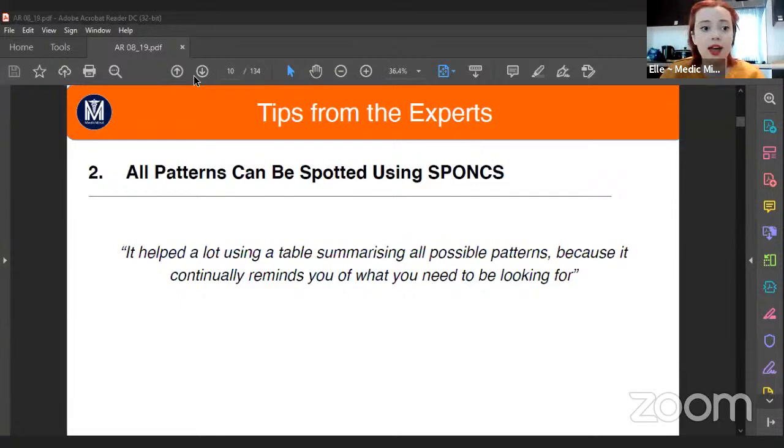It's fine to use another acronym, but SPONKS is one example of an acronym you can use that goes through those different patterns. And if you get used to going through and familiarizing yourself on every question you do with the different patterns that can come up, then eventually it will become second nature and you become naturally very prompted to start looking for those patterns.